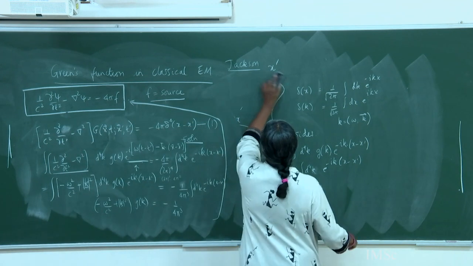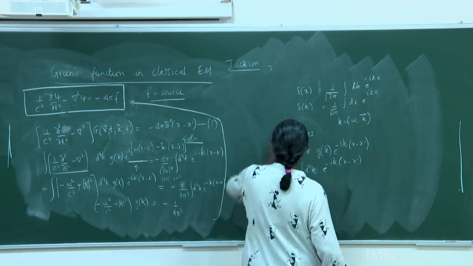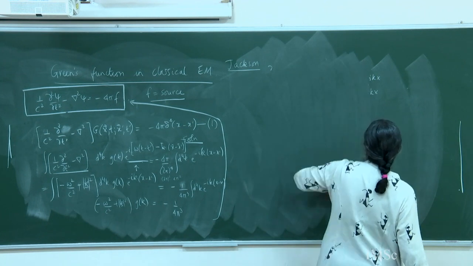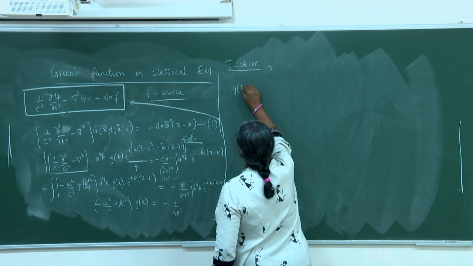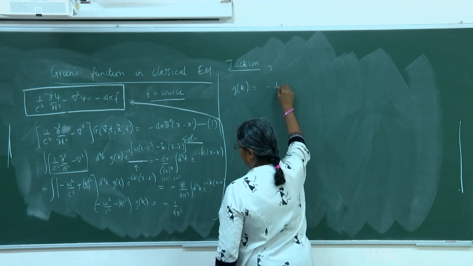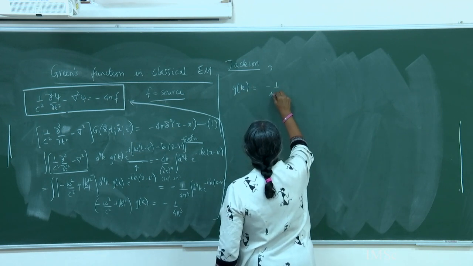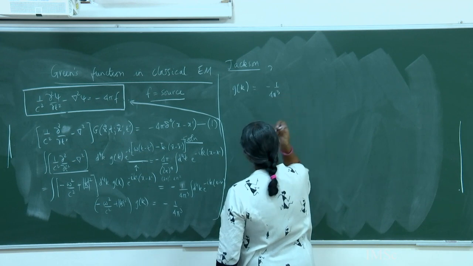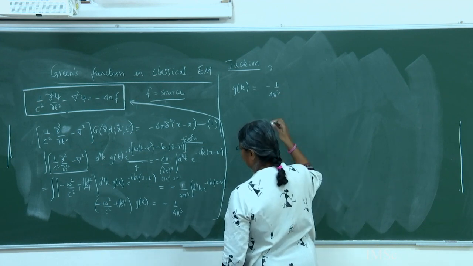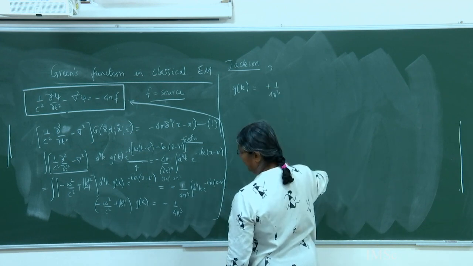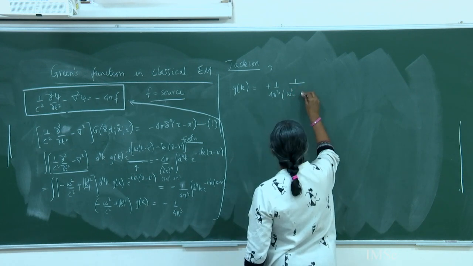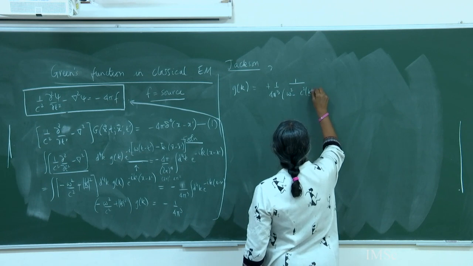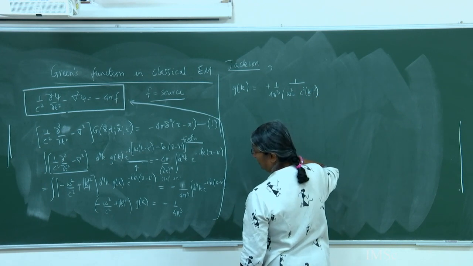So g of k is equal to, I'll remove the minus sign, and then I'll have 1 by omega squared minus c squared k squared.